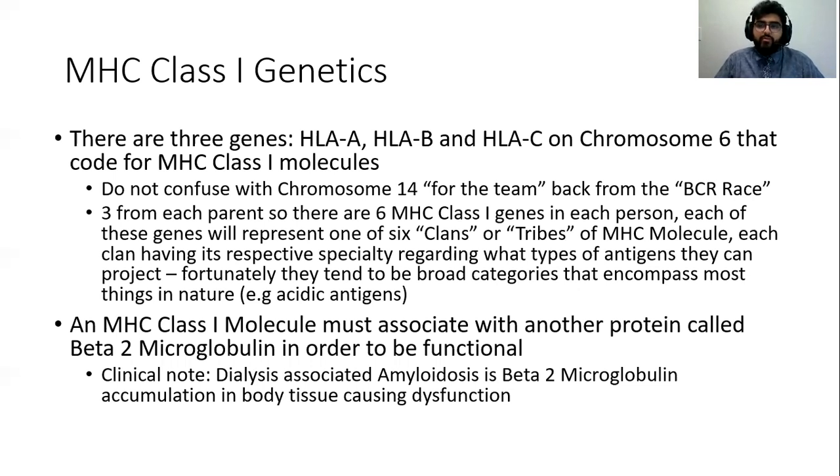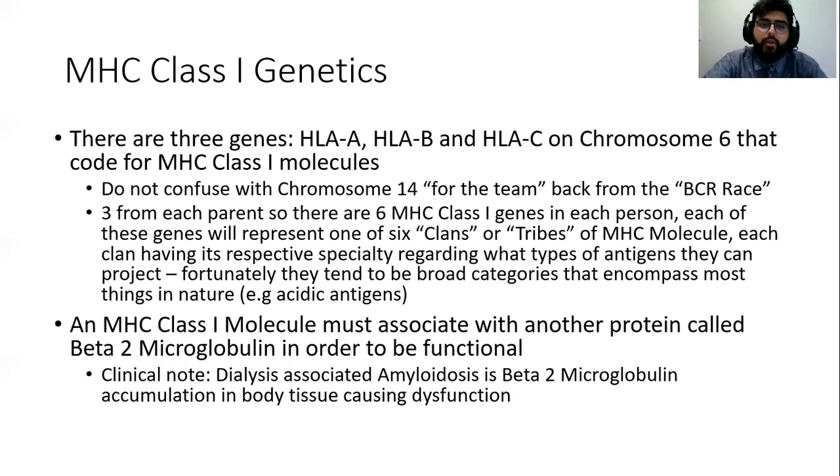And we're not going to talk about the specifics of what they go into, but just know you get 3 from each parent, and so you're going to have 6 MHC Class I genes, and in a sense, you have 6 subtypes of these MHC Class I, and then they help out with specific classes, if you will, of antigens. One of these, say, could be for acidic antigen or antigens with a certain type of protein sequence on them, things of this nature, beyond the scope of these introductory modules.